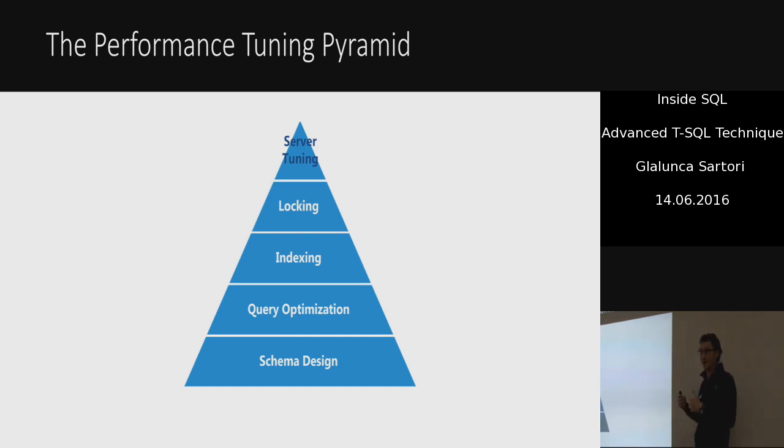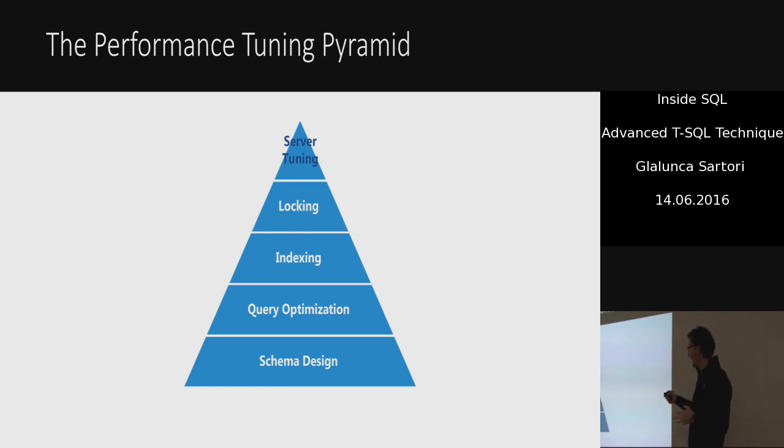So a well-designed schema will support high-performance code and high-performance indexes, and everything built on the top will perform better. But if we change something at this level, everything that sits on top of it will probably have to be changed as well.